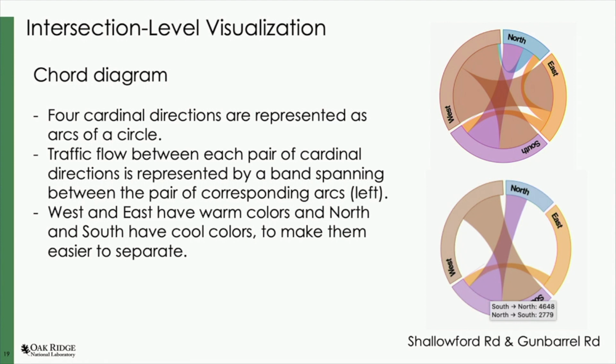For this type of chart, you can have any number of arc segments. Some of the examples that I saw had on the order of 20 to 30 different arc sections. So it's going to get a little bit difficult to analyze if you have too many, but for intersections, I don't think I've seen one that had more than 6 roads leading into it.